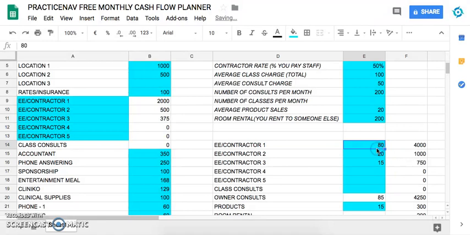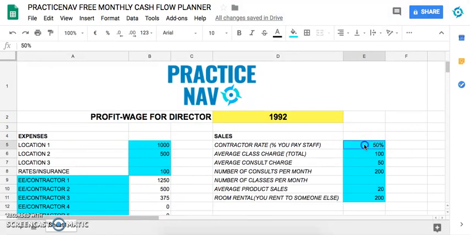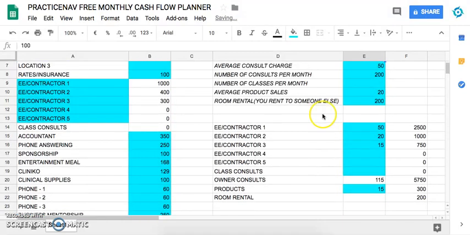And if Colin sees roughly 50 clients per month, that brings his total up to 2,500, and that figure then is 1,250, because it's half, because we put in 50% here. If we put in 40% here, that figure will be adjusted again.